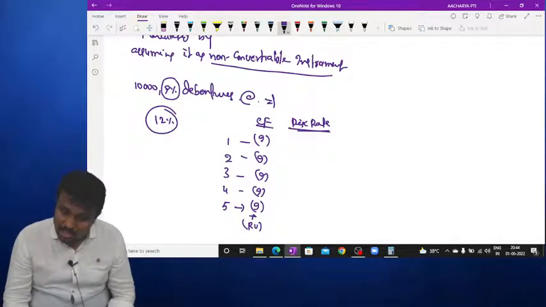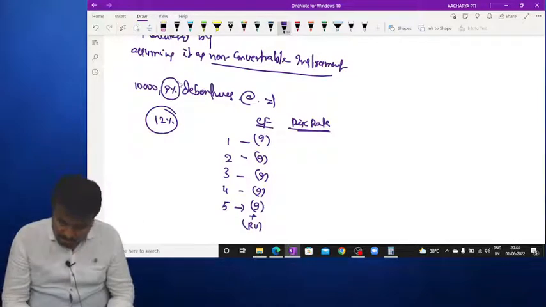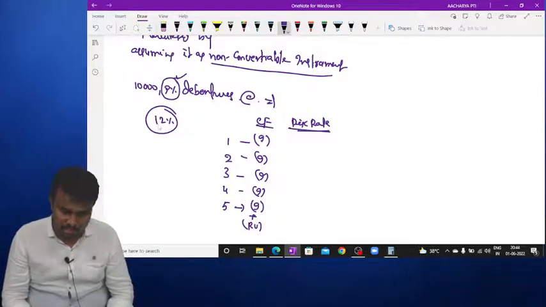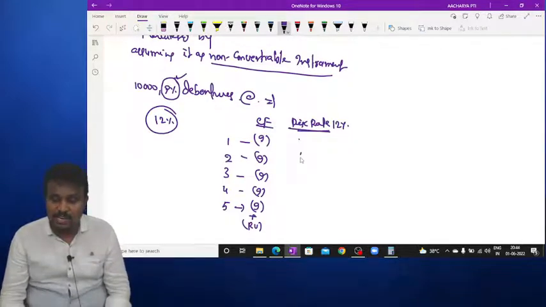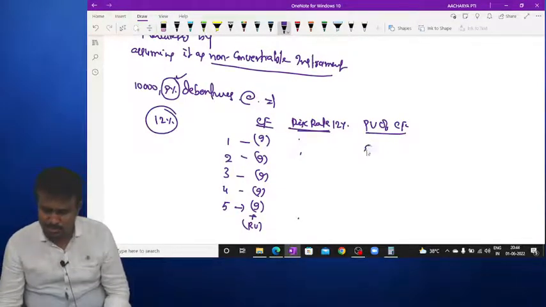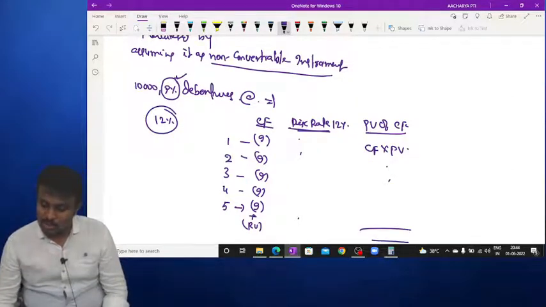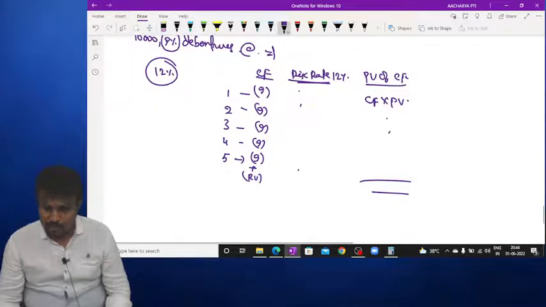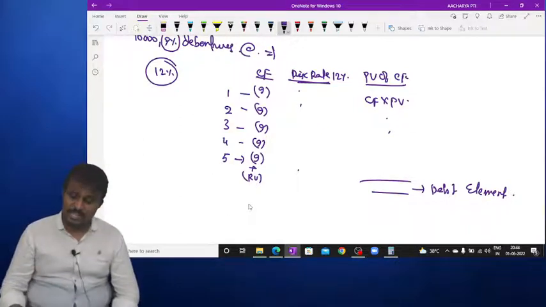If it is convertible, the coupon rate is 9%. If it is non-convertible, the rate is 12%. At 12%, we calculate the present value: cash flow into present value factor, for every year, and the summation is the debt element.